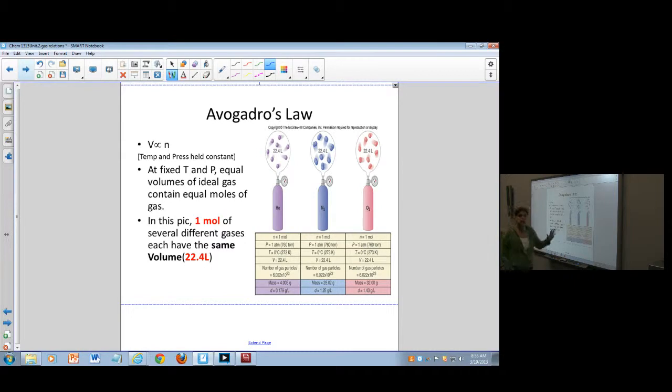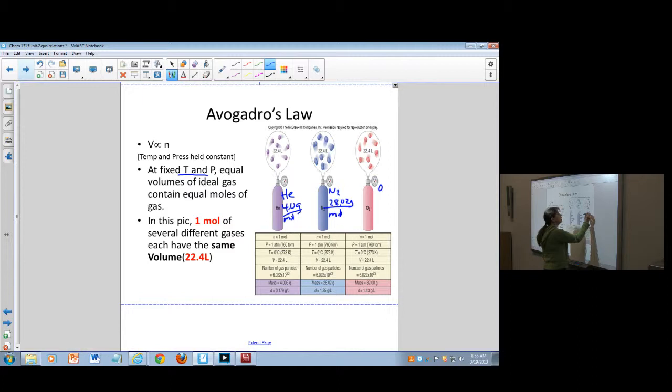Now, we know some other things that Avogadro did. You'll remember we already know some of this. What he determined was if we keep the temperature and the pressure constant and all we compare are the volumes and the amounts, he found that no matter what kind of gas you put in here, here's helium, which has a molar mass of about 4 grams per mole. Nitrogen, that's N2, has a molar mass of about 28.2 grams per mole.